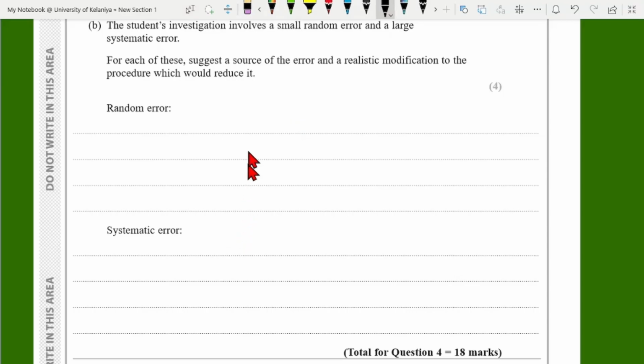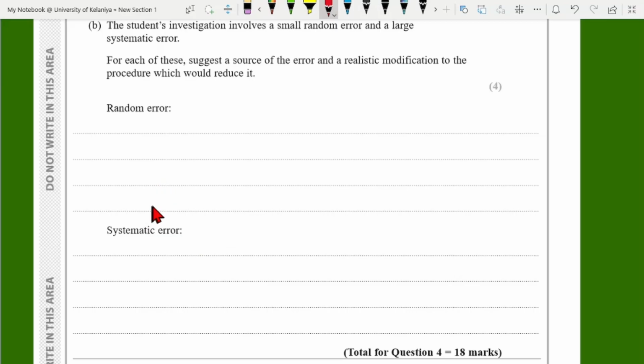So what are we going to face as our random errors in this experiment? First thing is, it is really difficult to judge what the exact point is when the current becomes zero. Another one is that the background light could also affect our experiment. So you can write one of these two.